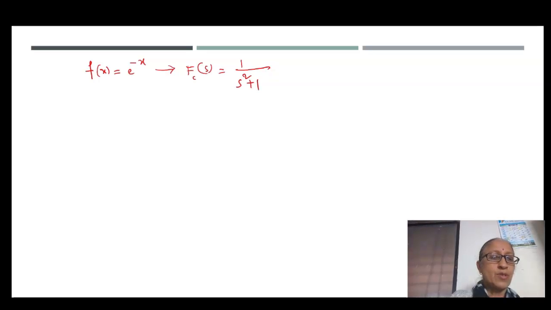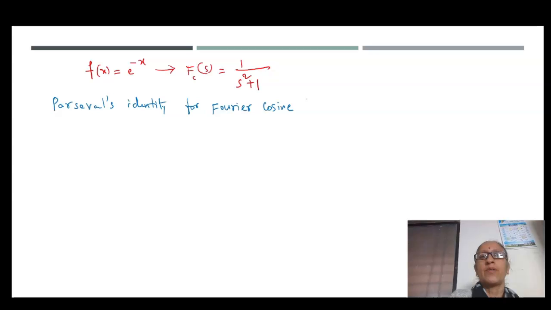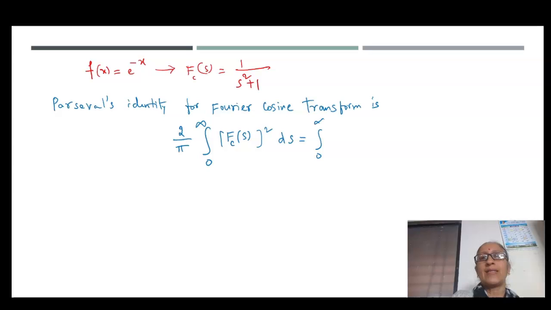Now let us use Parseval's identity of Fourier cosine transform, which is 2 by pi integral 0 to infinity Fc of s whole square ds equal to integral 0 to infinity f of x whole square dx.